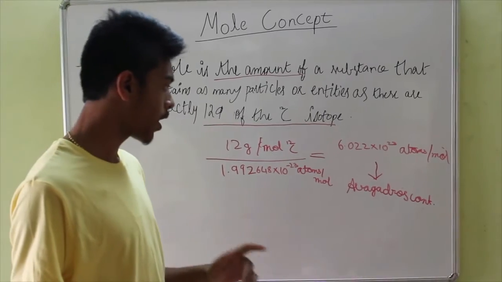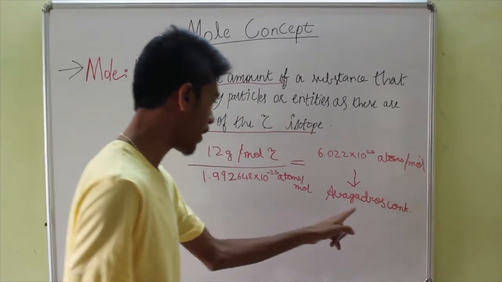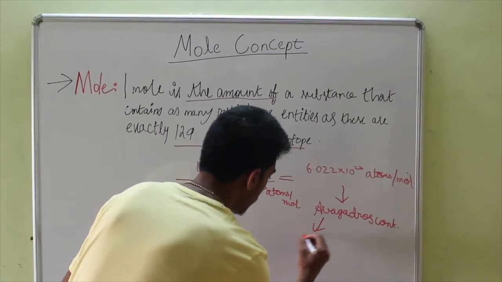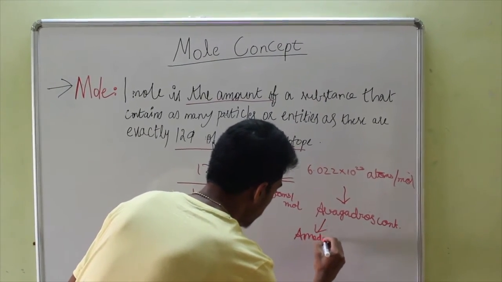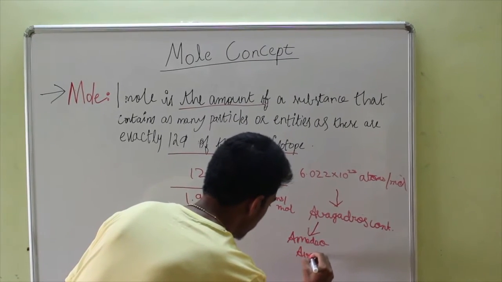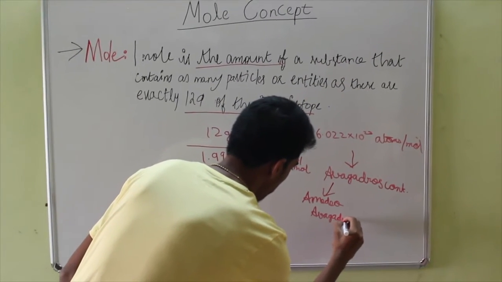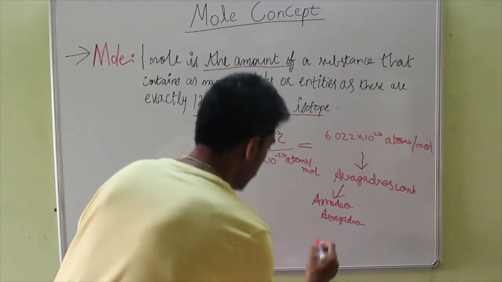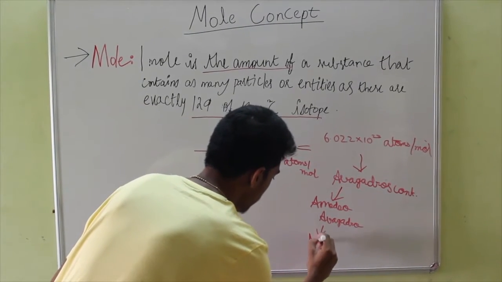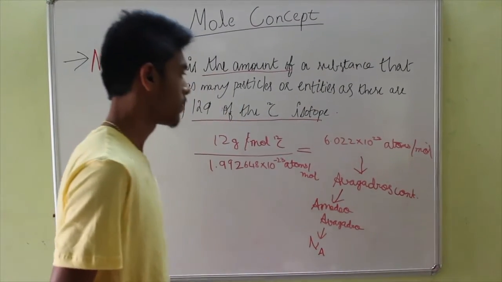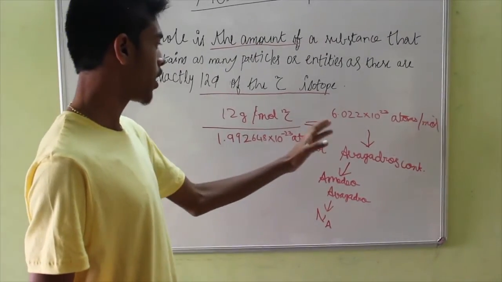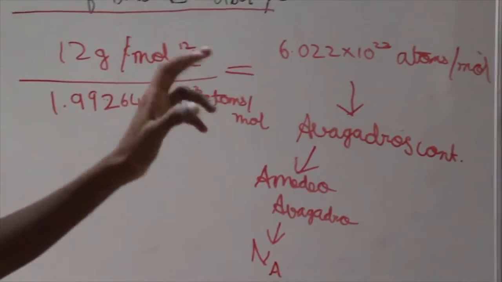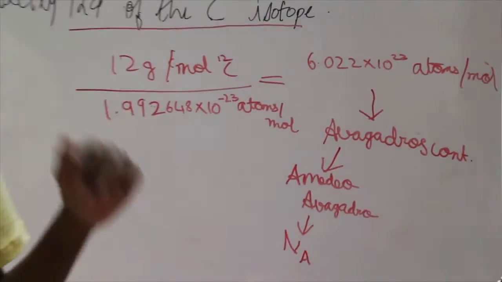This name Avogadro's was given in honor of Amedeo Avogadro, and this Avogadro's constant is denoted by N subscript A. Now this value, 6.022 into 10 to the power of 23, is the number of atoms in 1 mole of any substance.